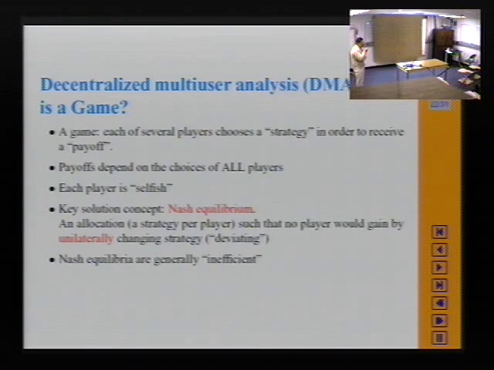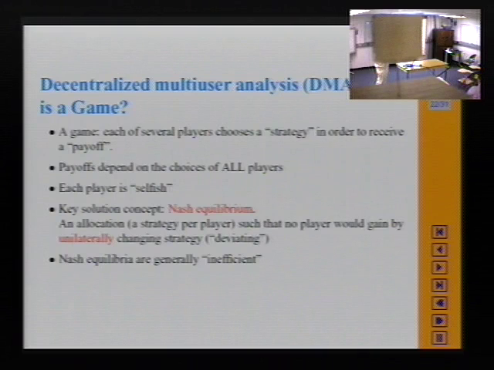So you can set up everything as a game where you have two users, each user is trying to make a decision. In our particular example, the decision would be to choose the coding rate, because we know that the coding rate determines the power, the power determines the coding rate. And it has a function that has a maximum.